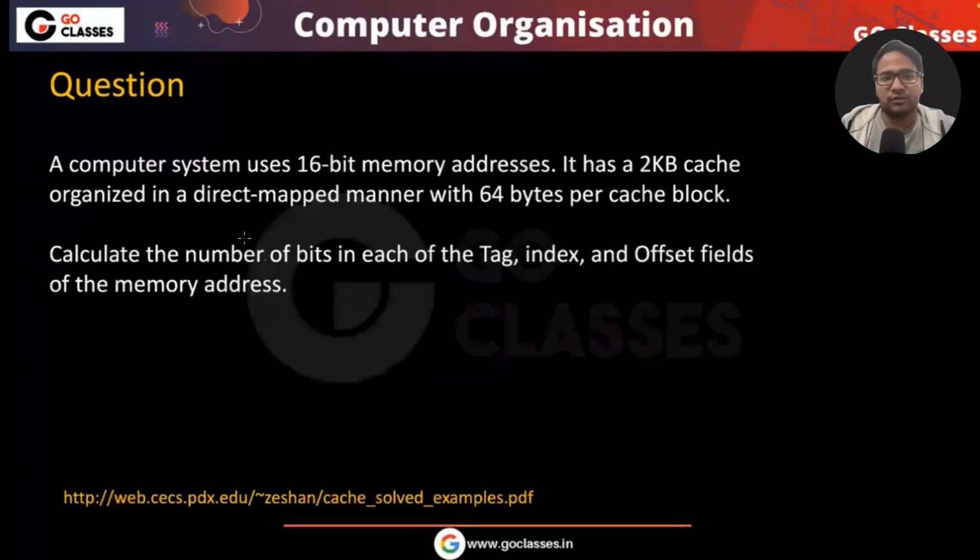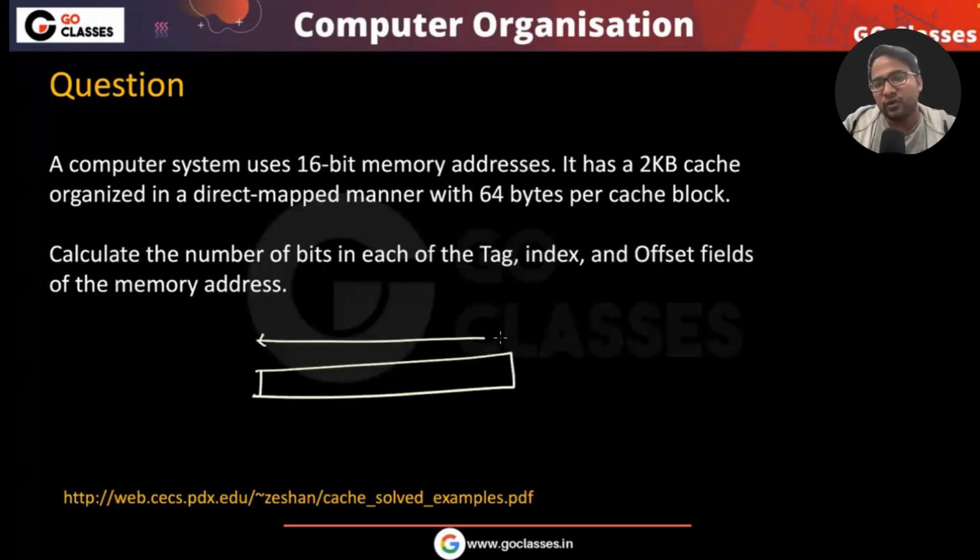Now let's see this question. A computer system uses 16-bit memory address. So here, how many bits do you use? 16-bit. It means if you are using 16 bits, then what should be the memory size in terms of bytes? Memory is byte addressable unless it is given otherwise, so it means 2 power 16 bytes.